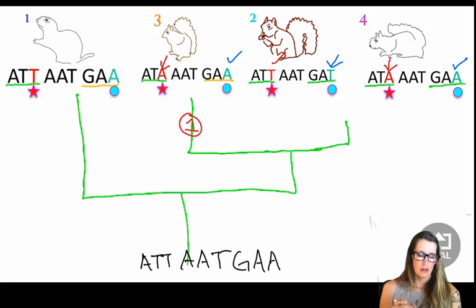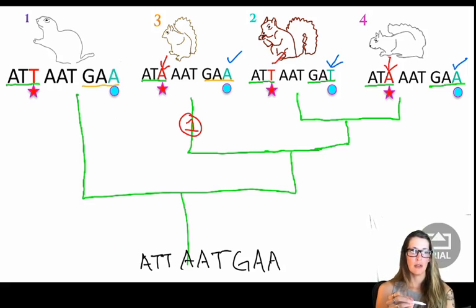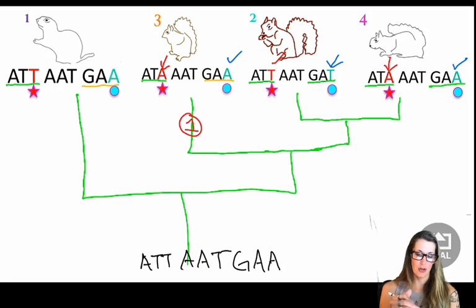Okay, so to get from this ancestral state to each of these different base sequences, that's going to require another 2 changes. So we have to have a change here, and we also have to have a change here.